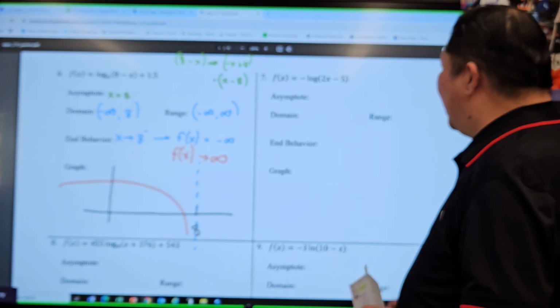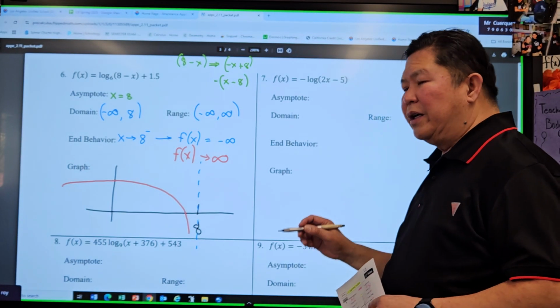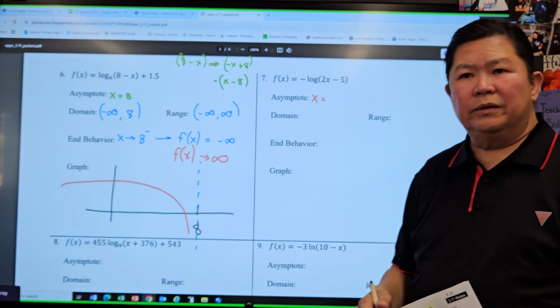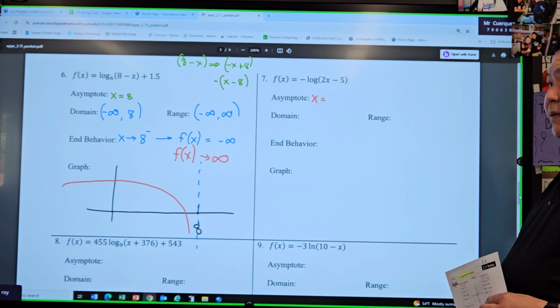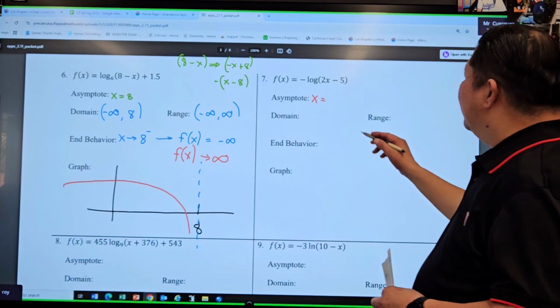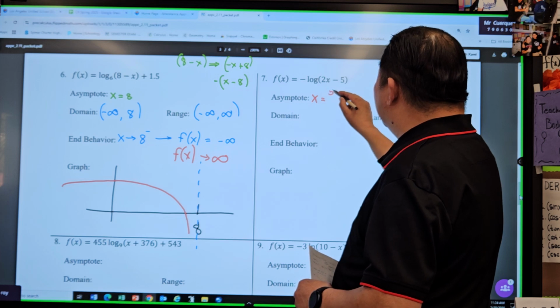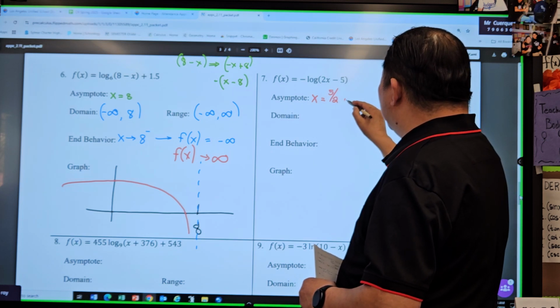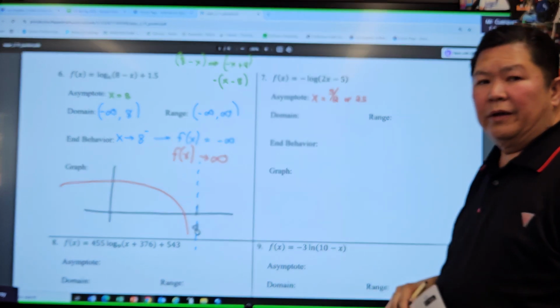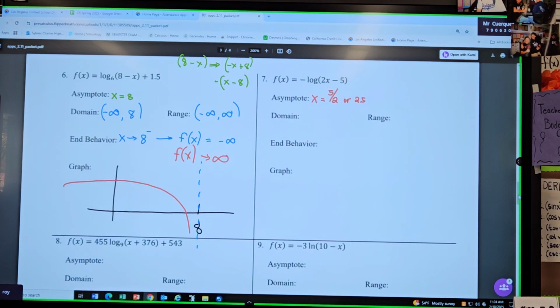And how about the asymptote? What is our asymptote? x is equal to 5 halves, 5 over 2, or in decimal form, 2.5. Why 5 halves, Mr. Roy?